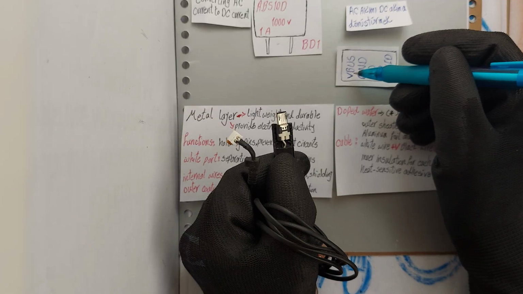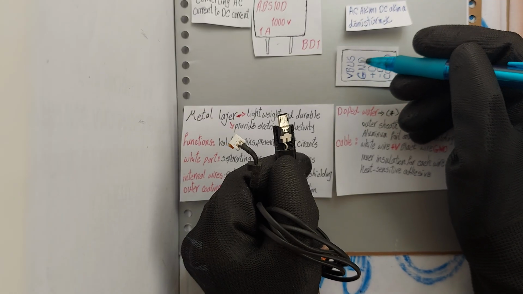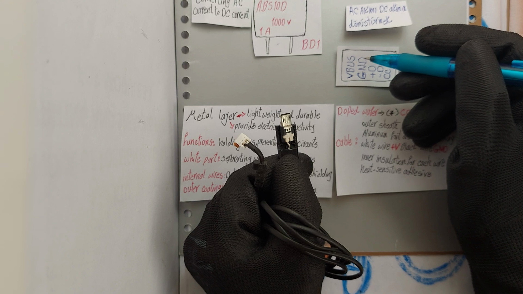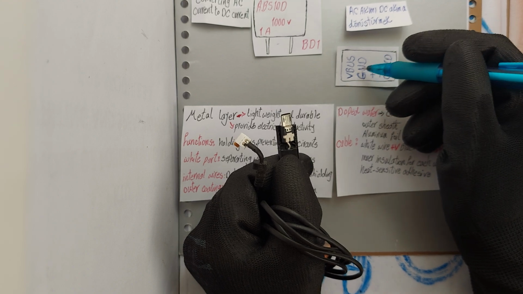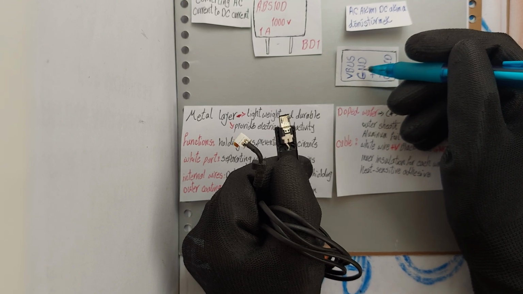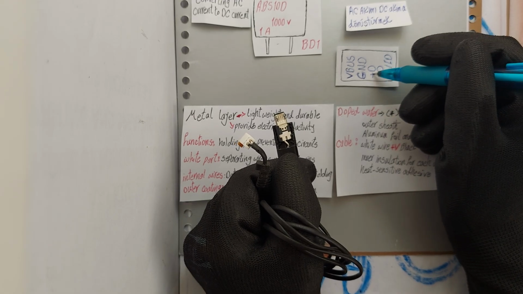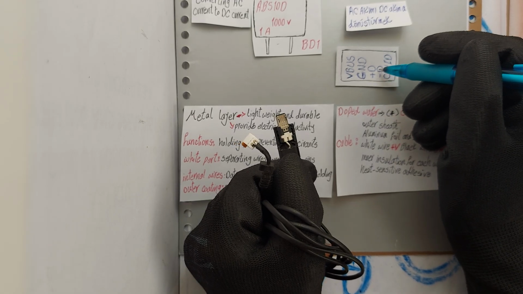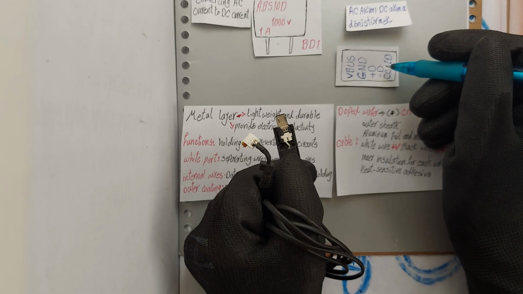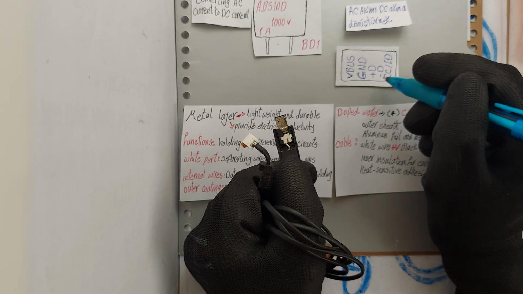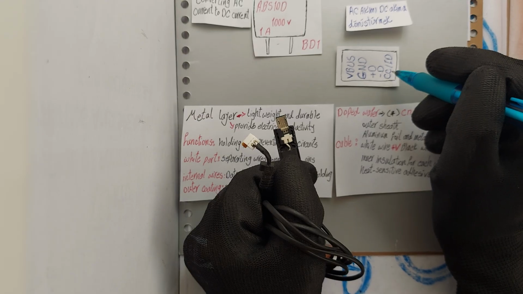At first, we have the power pin, VBUS. It transfers 5 volt power from the charger to the phone. The ground pin, GND, provides the return path for current and ensures circuit safety. Then we have the data transfer pins, D positive and D negative, used for data transfer between devices such as when connecting a phone to a computer.